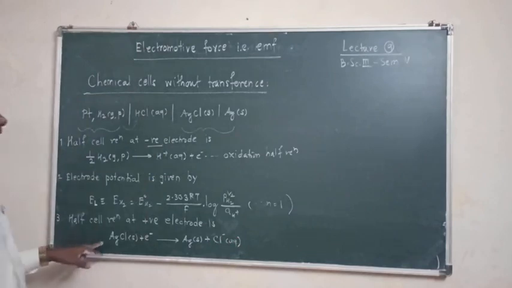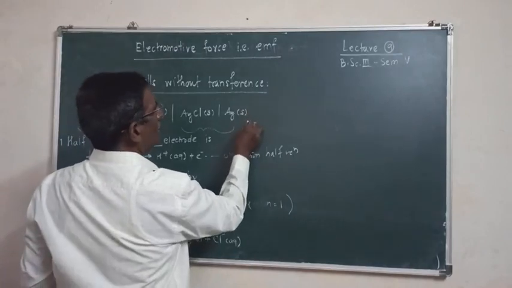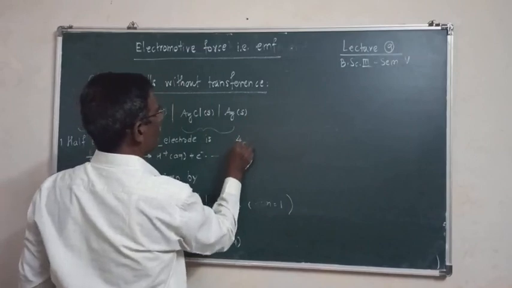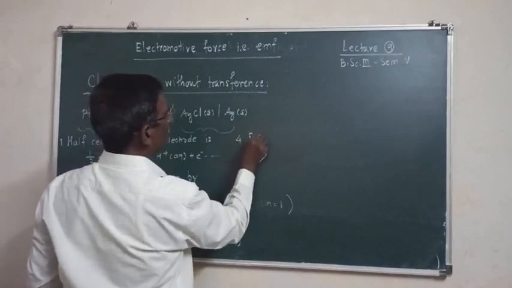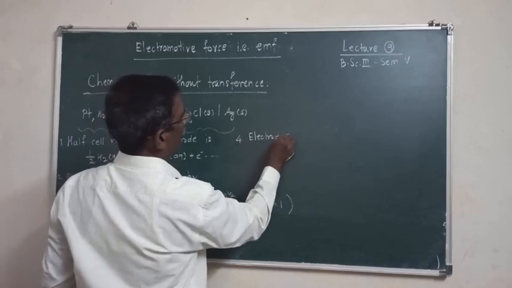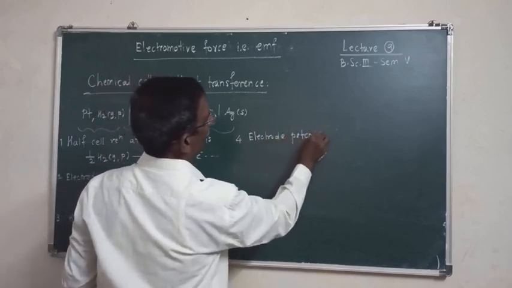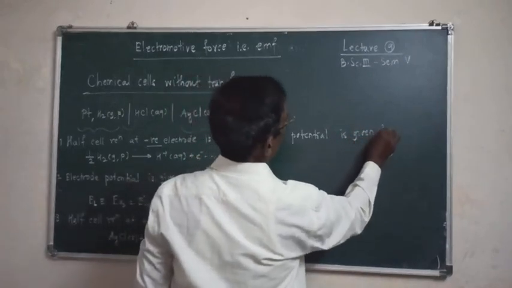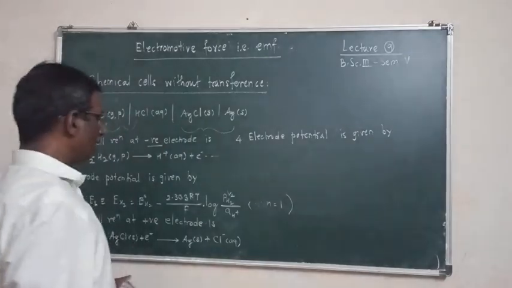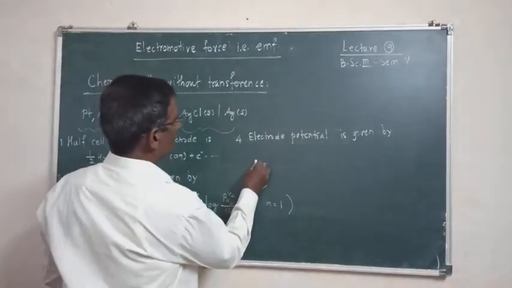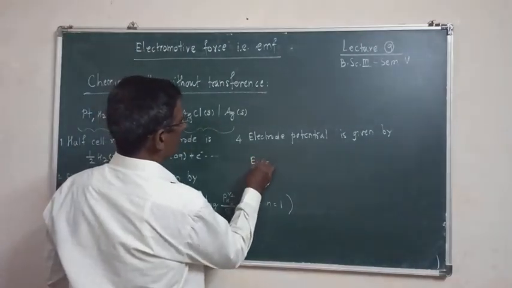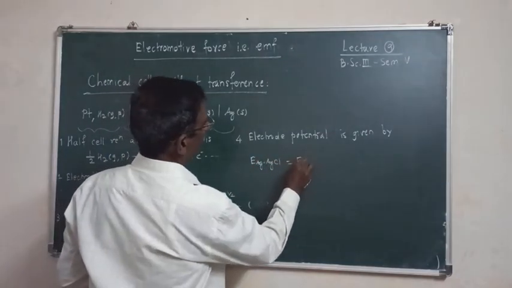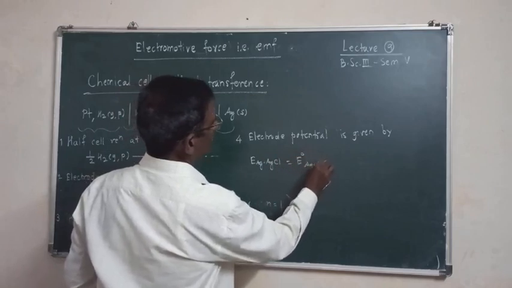Then the fourth step is the electrode potential. The electrode potential is given by, write down, E AgCl is equal to E0 AgCl.